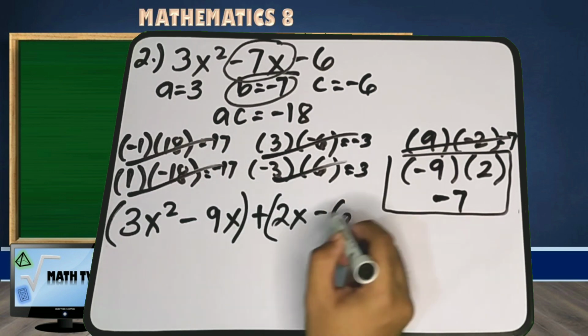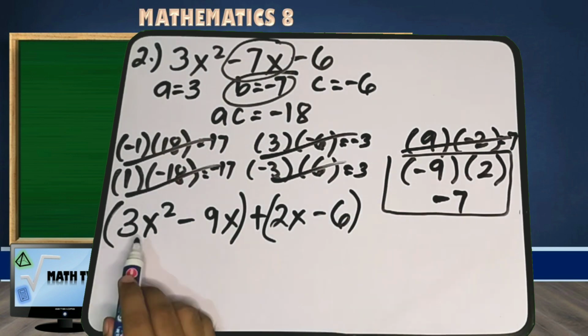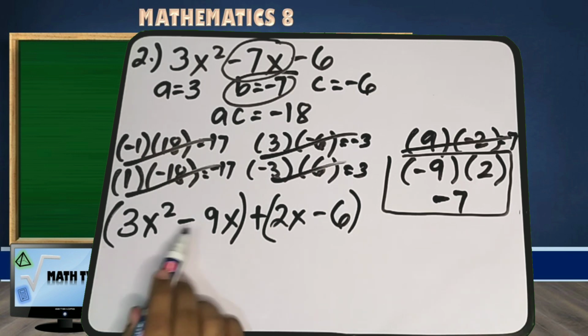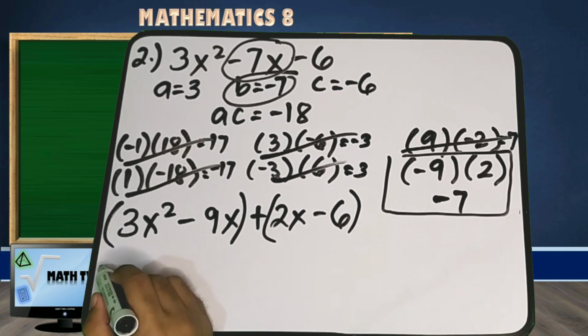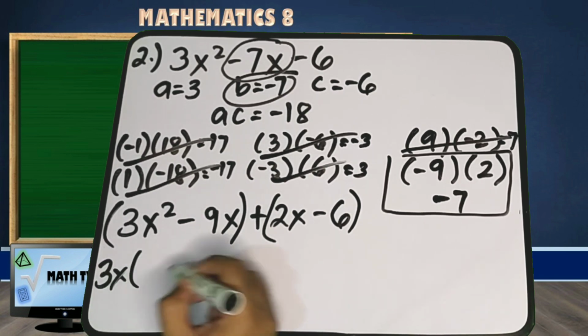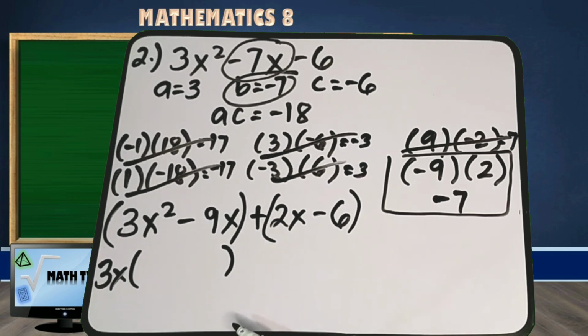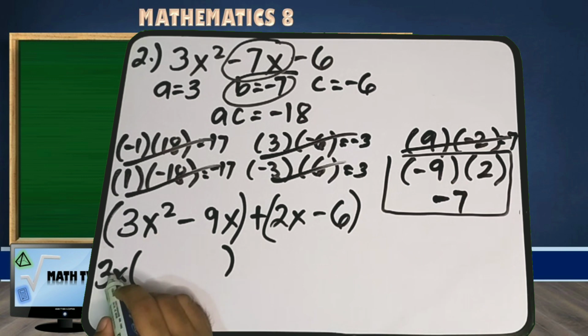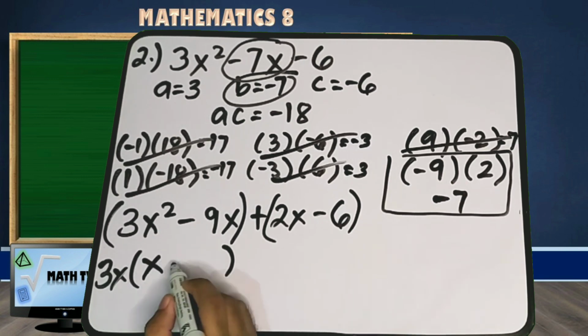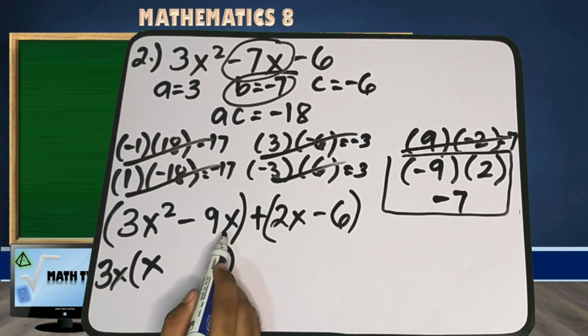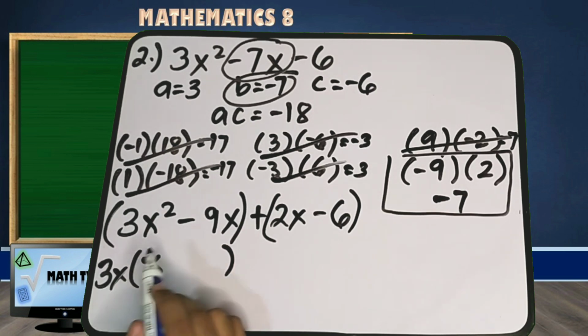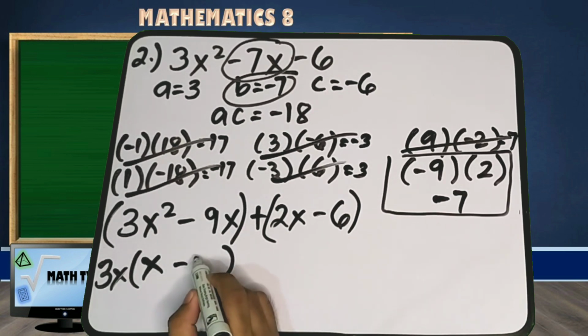So, factor by grouping. So, ang greatest common factor ni 3x squared tsaka ni 9x ay 3x. Then, to find the other factor, divide. So, 3x squared divided by 3x, that is x. Negative 9x divided by 3x, that is negative 3.